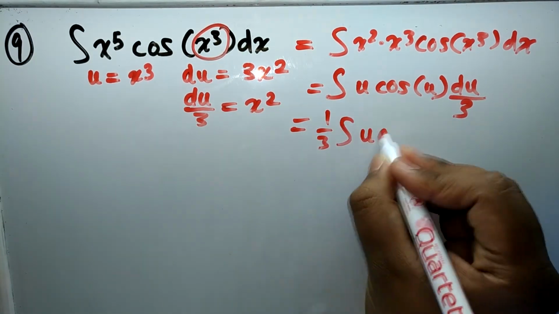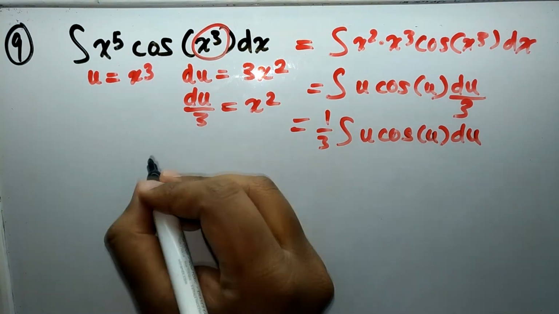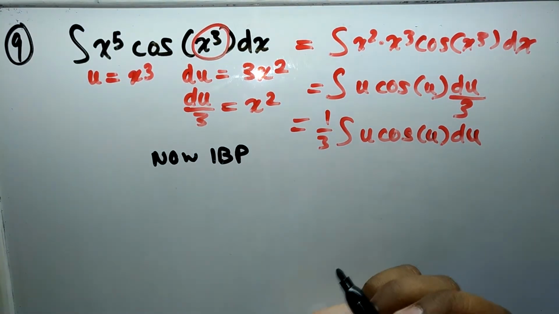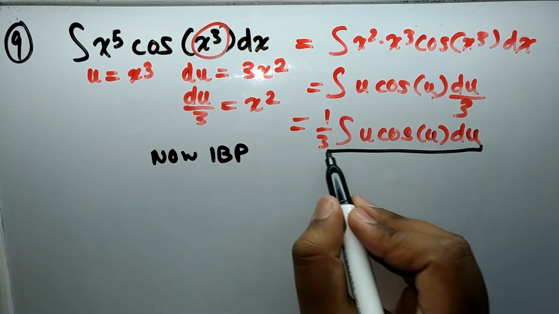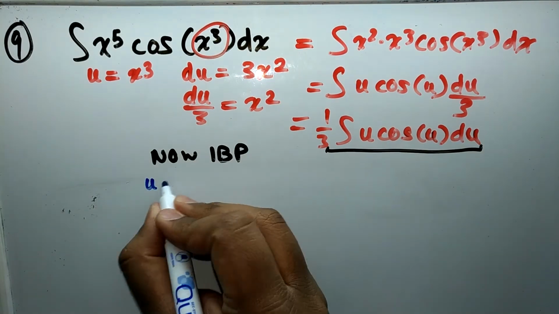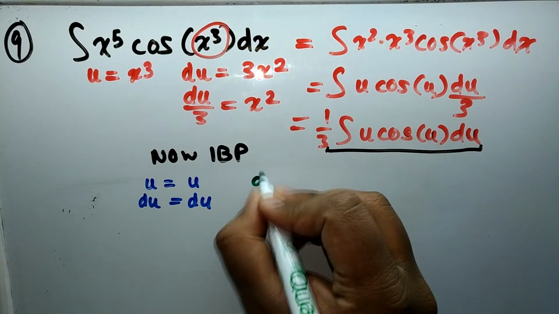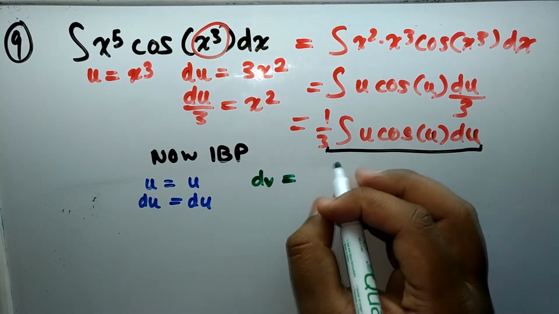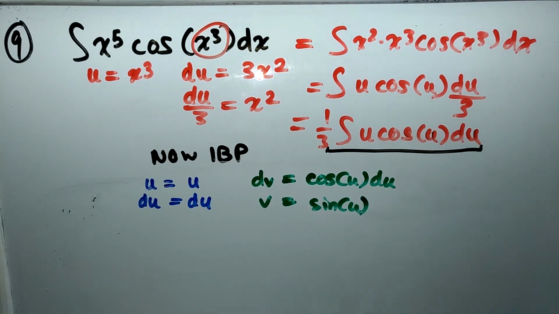And now we can use integration by parts. We can just let our new u equal u, and our dv equal cos u. So let's do that. Let's let u equal u, du equal du, and then dv is equal to cos u. And then if you integrate that, that's just going to be sine u.